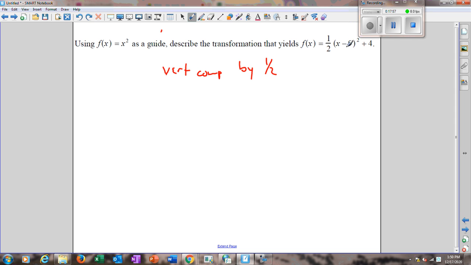If it's added or subtracted inside the parentheses, it makes it a horizontal shift. If it's a minus, it shifts to the right. If it's a plus, it shifts left. So this would be a horizontal translation to the right. I'll just say right 9.